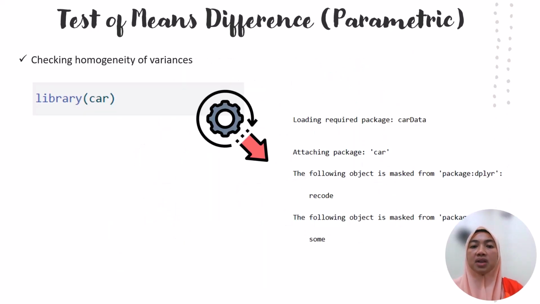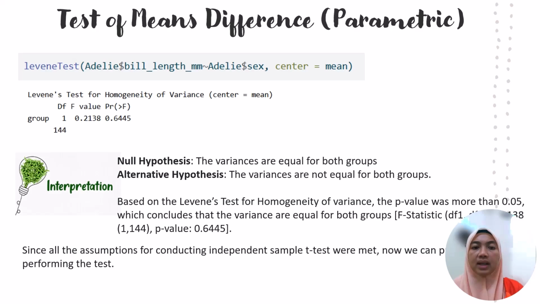Another assumption we can check is the homogeneity of variance. Here, the first step is to call the library car, and then we can get the output based on our syntax. This is the test of homogeneity, which we call the Levene's test.